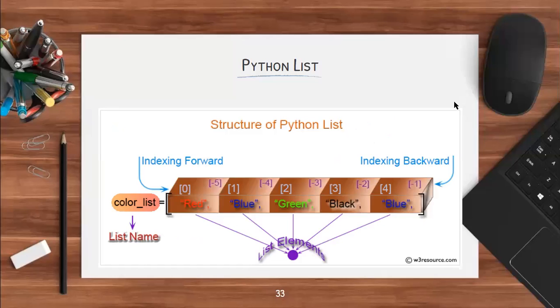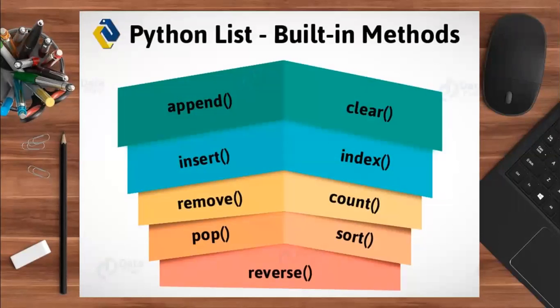So that was the structure of a Python list. There are many functions in list that you can use according to your need, along with traversing it. For traversing it, you simply write for x in A and then print x or whatever you need to do.